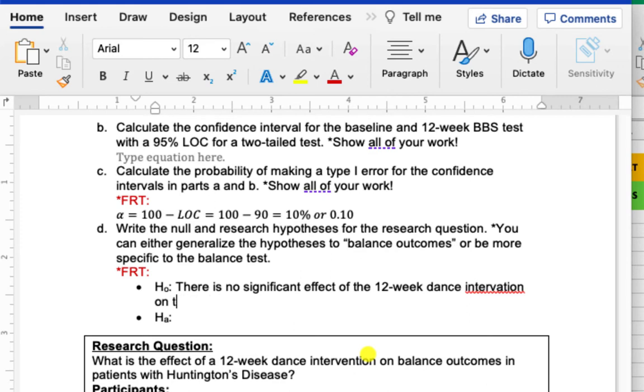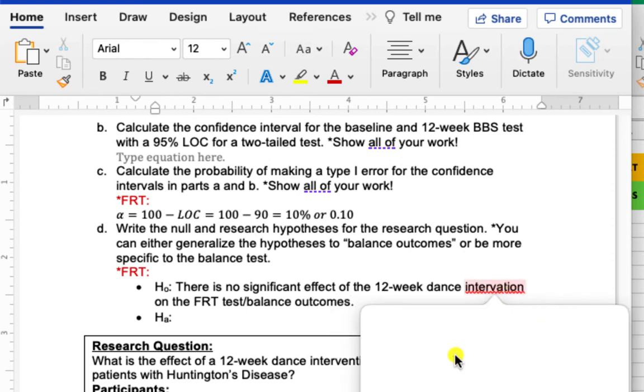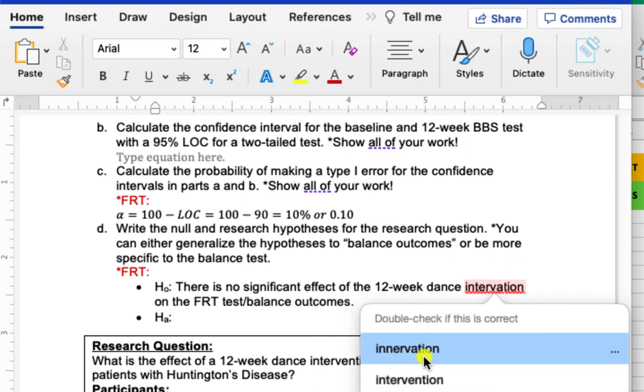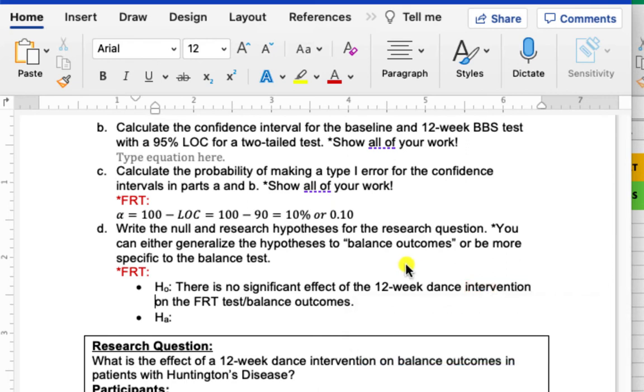Actually, I'll put on the FRT test. And this should have been intervention. Don't know what happened there. Okay, so this would be the more specific version of the null hypothesis. This would be the generalized one. Both of them are correct.